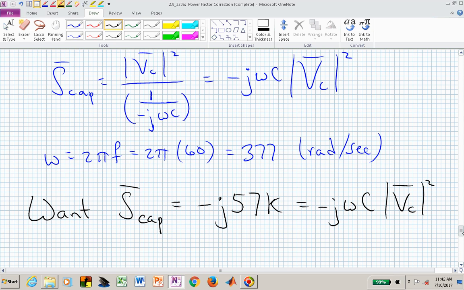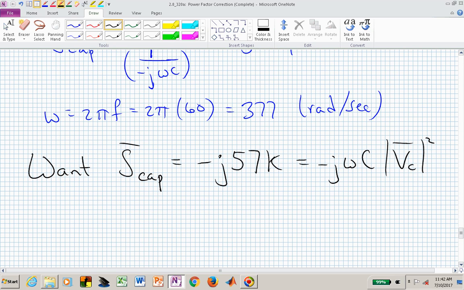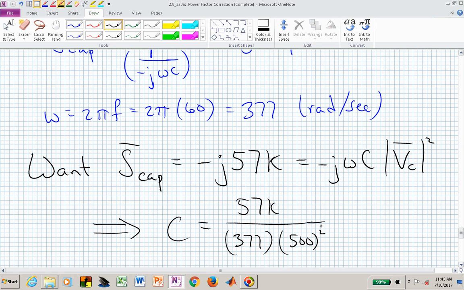Now solving for c, the minus j's cancel. We have 57,000, and we divide that by omega and the magnitude of our voltage squared. So we have 57,000 divided by omega, which is 377, and our voltage was 500. We square that, and we end up with a capacitance of 605 times 10 to the minus 6 farads, or 605 microfarads.